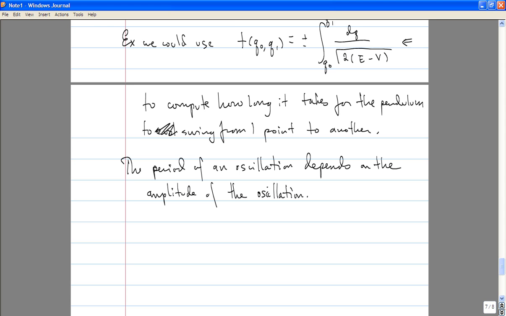So let's consider the Lagrangian of the pendulum, and let's expand it around the stable minimum at theta equals 0. So we will have the usual kinetic energy term, then the potential energy term, mgl cosine theta, and let's just take that cosine theta and expand it around theta equals 0.